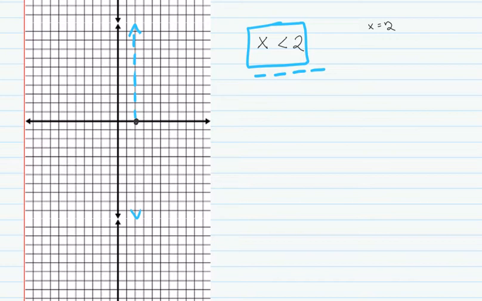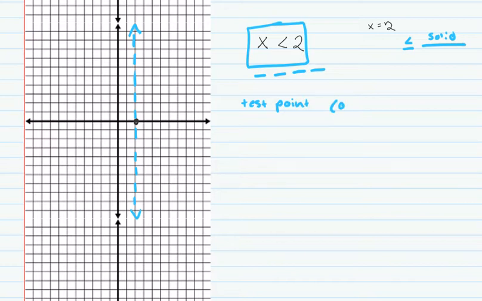Alright, that's going to be one thing on the graphs on your test that I will be looking for. So is it a solid or dotted line? If it was less than or equal to, that means it would be a solid line. Alright, and so then we can use a test point. We can always use a test point to see which part of the graph, since it is an inequality, I want to shade.